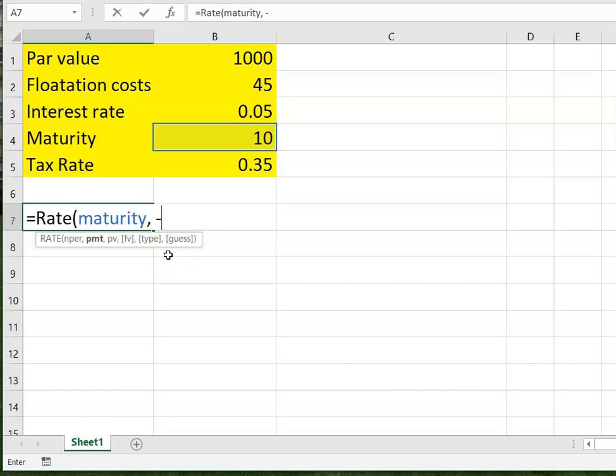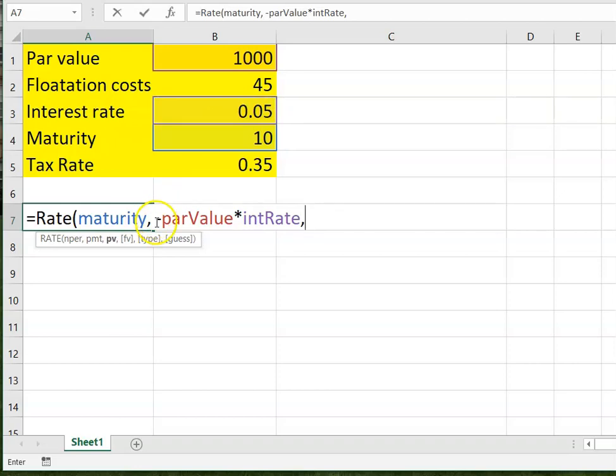So what am I paying out? Well, I'm paying out those interest payments, which are equal to $1,000 times the interest rate. That's the interest payments, and it's a negative number. What's the present value? Well, the present value is what I'm getting.